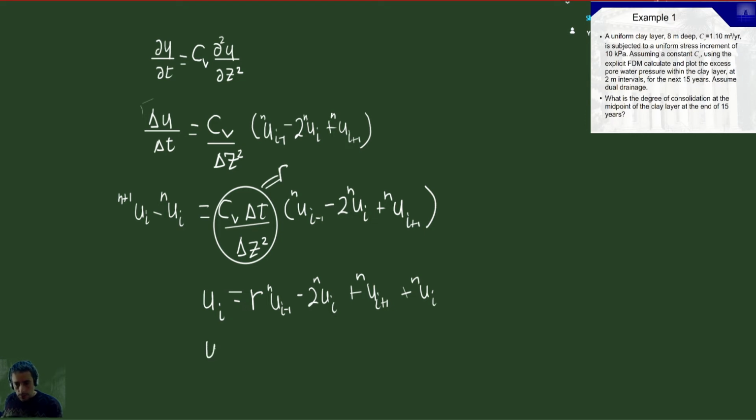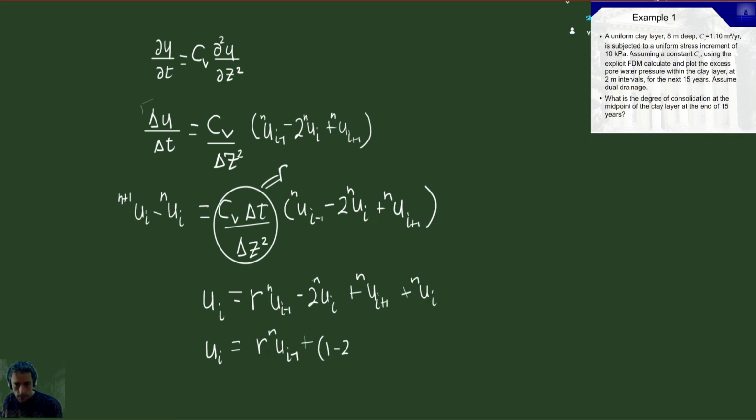And so we can re-express this in terms of r times ui minus 1, plus 1 minus 2r times ui at time n, plus r times ui plus 1 at time n.